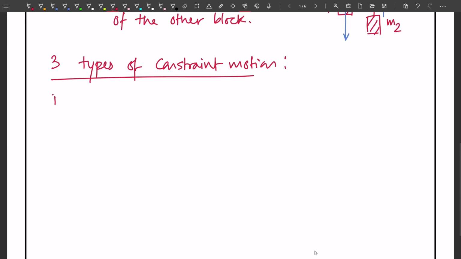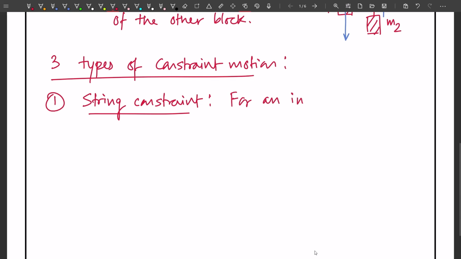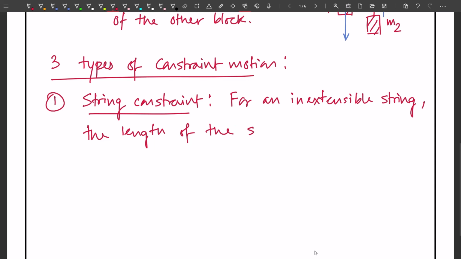The first one is string constraint, which basically says that for an inextensible string, the length of the string is constant.